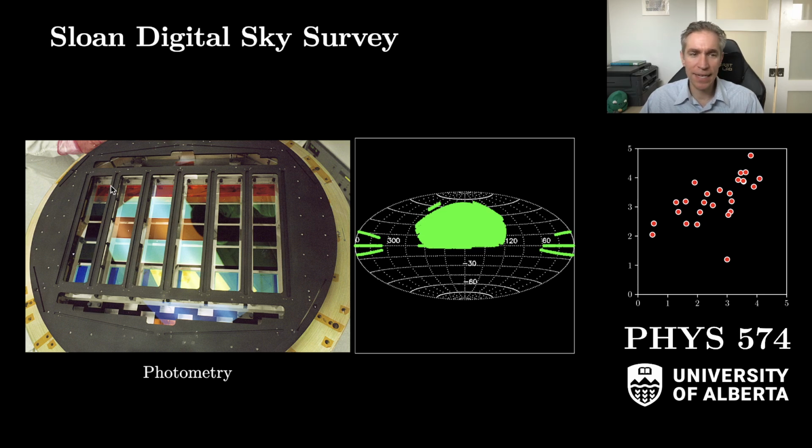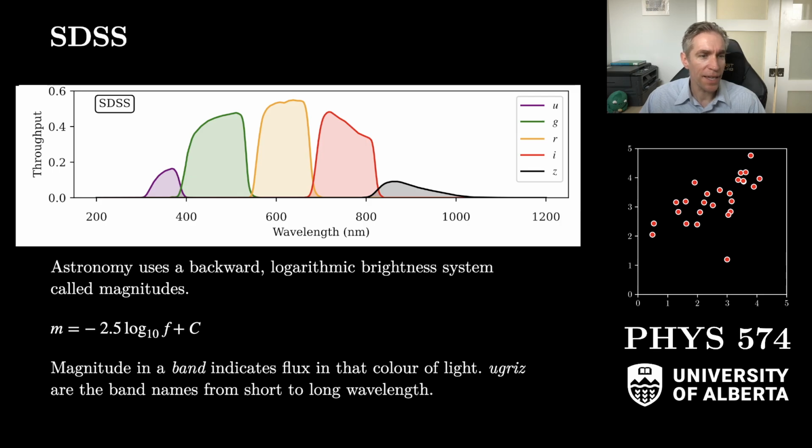This was the first really massive digital survey of large areas of the sky, and they covered a big chunk out here. This is a Hammer-Aitoff projection of the sky, and this is the region where they did their observations. They measured bunches and bunches of objects in the sky and measured their light in five different bands.